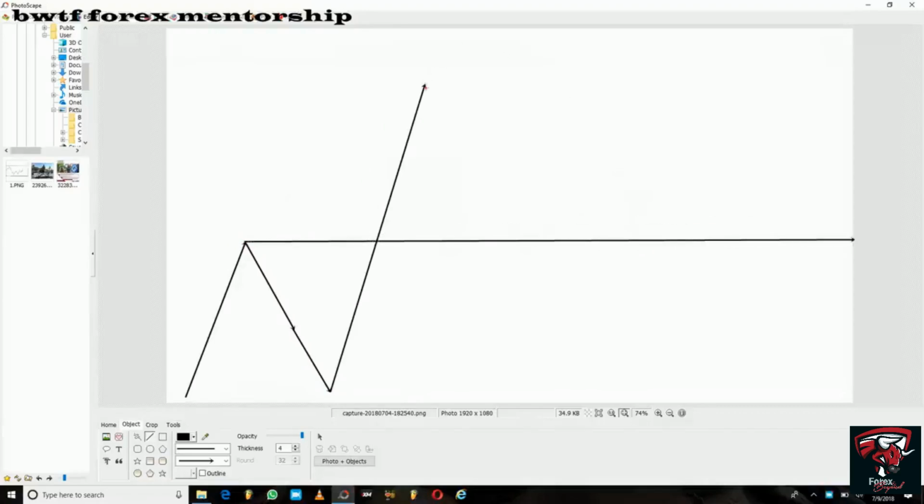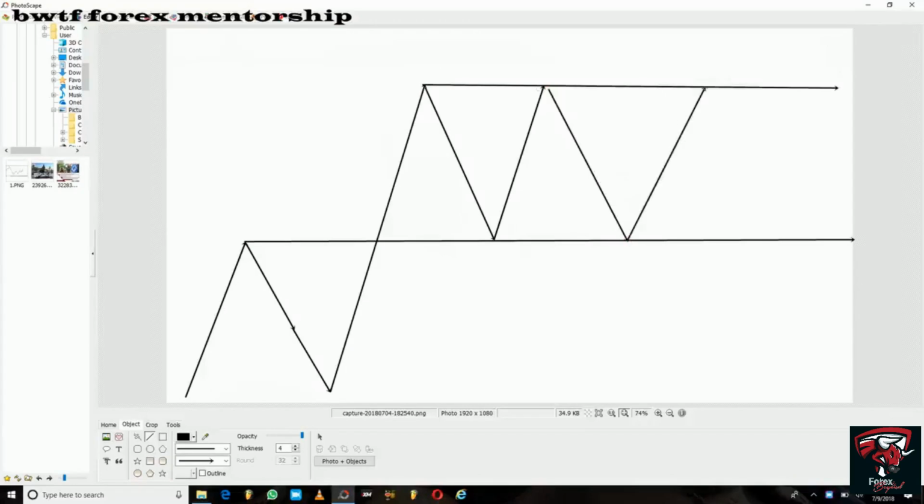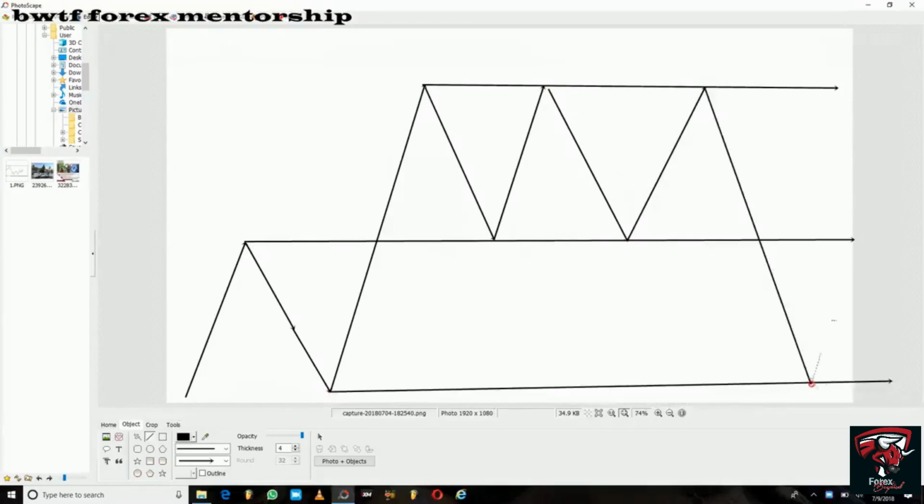Now what will happen if the market comes here? It will bounce and go up. But if there's a ceiling here, what will happen? It will go down and go higher and go down. If there's nothing here, then it will bounce until the next available floor and then go up. That's literally how the market moves.